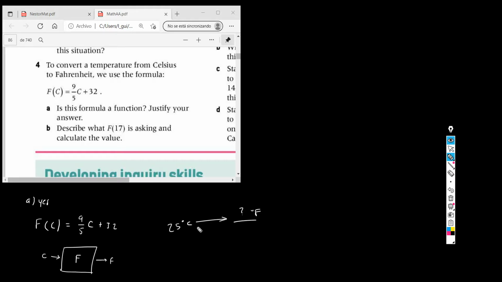When have you ever heard of a specific temperature in Celsius being converted into two possible Fahrenheit degrees? That's just impossible. So that's why you should understand that this formula, this machine, is in fact a function. Why? Because for each input you get only one output, and there is no way around this.